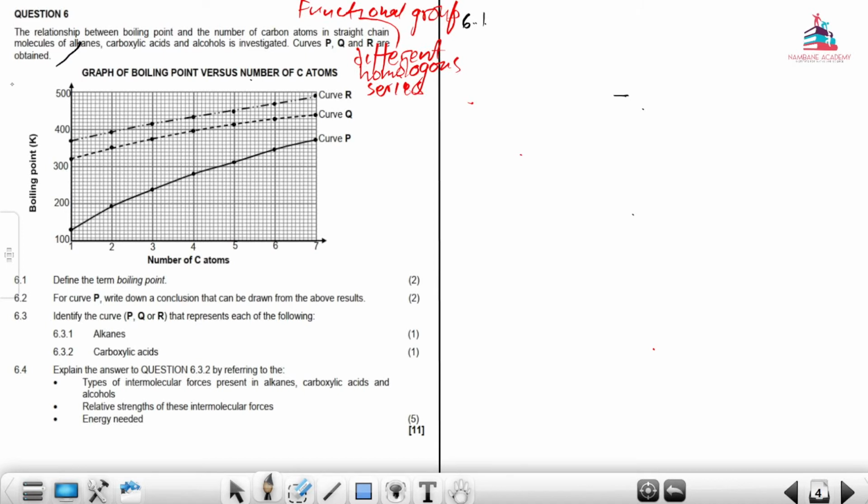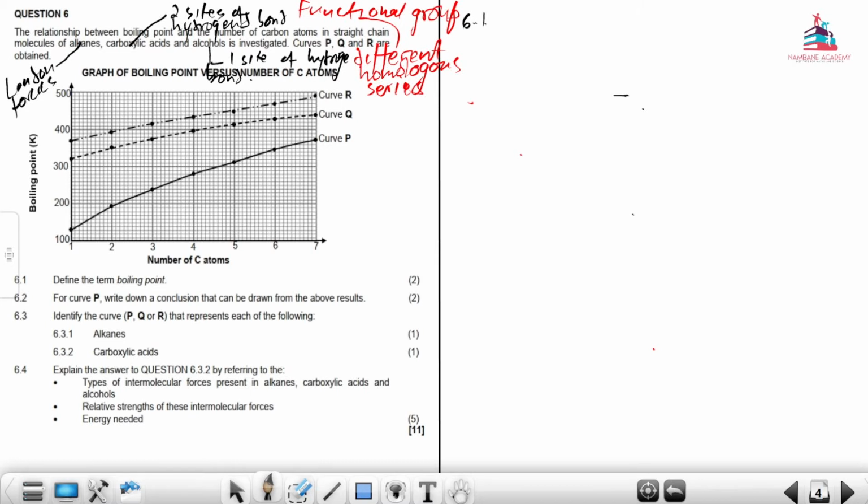alkanes have now London forces. Carboxylic acids, 2 sides of hydrogen bonding, 2 sides of hydrogen bonds. Then alcohols, is just one side of hydrogen bonding. So already, which one is the strongest?